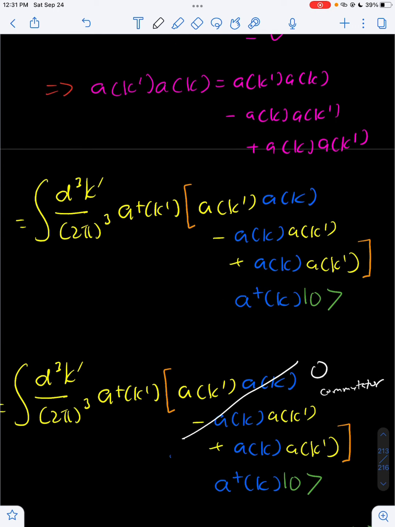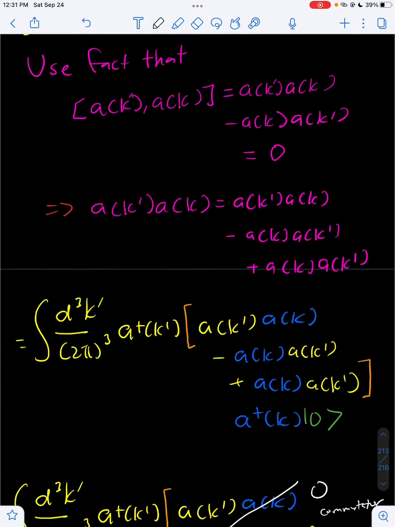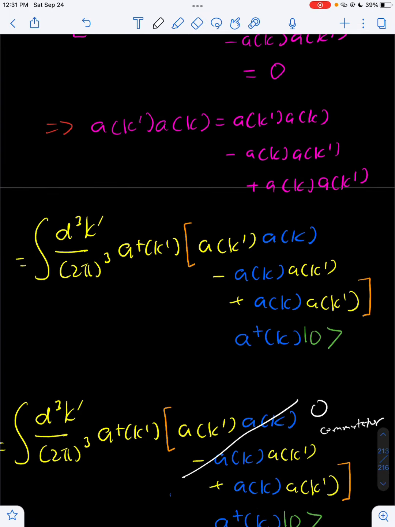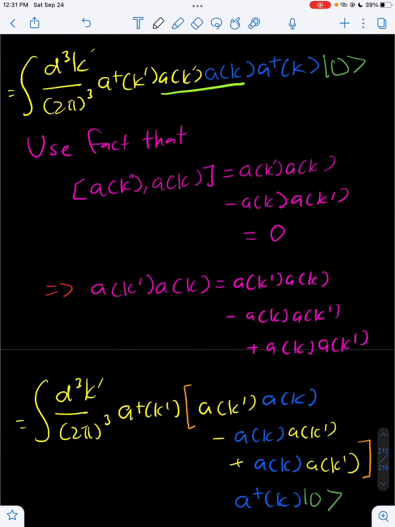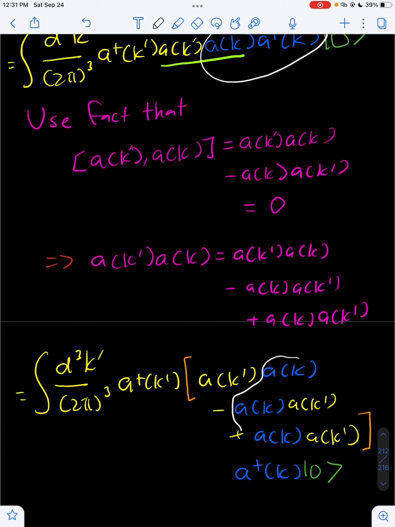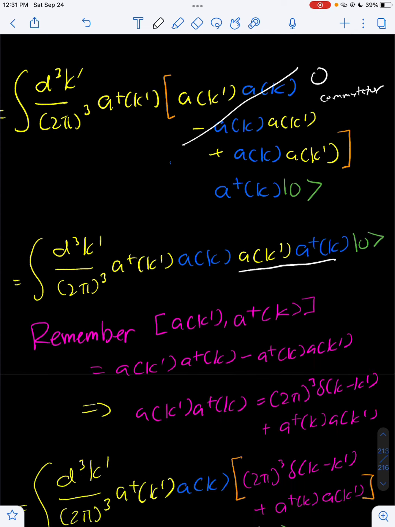We can cancel some things out. I also color-coded this for you guys so that it makes more sense. So everything is color coded. So this A of k, A conjugate k, and the blue is equal to this right over here, I think, maybe. So we continue on, things cancel out, which is good.